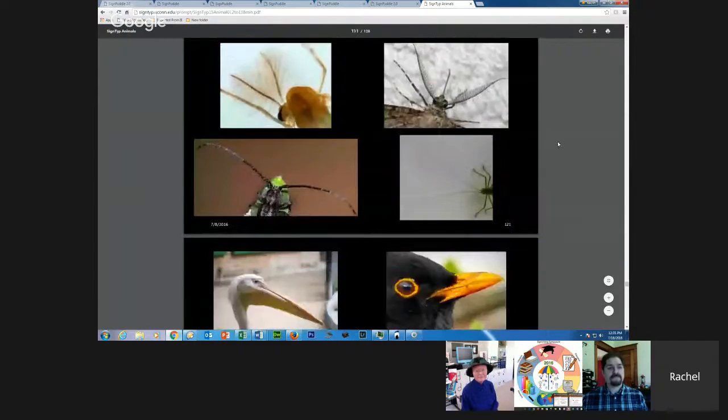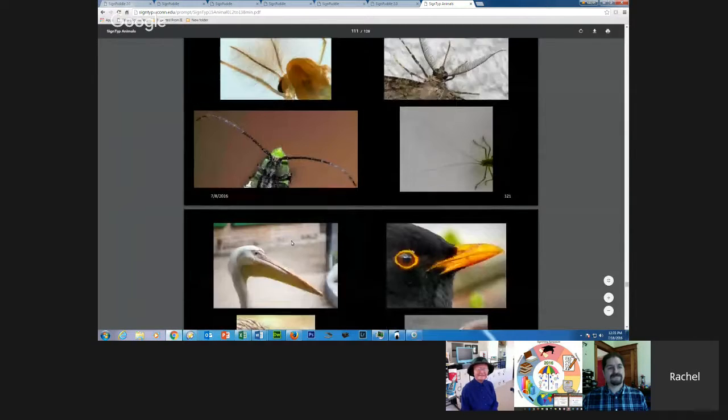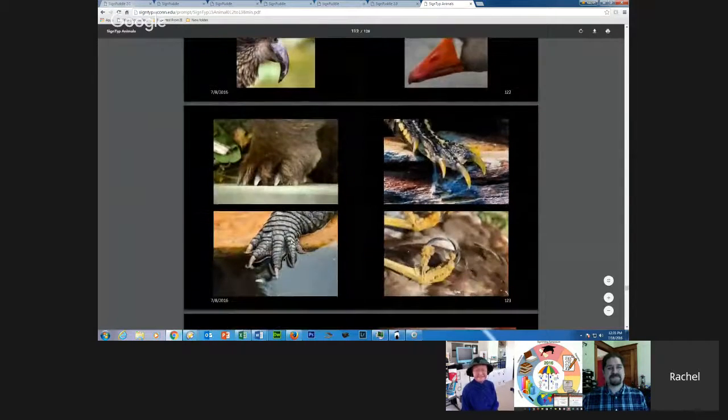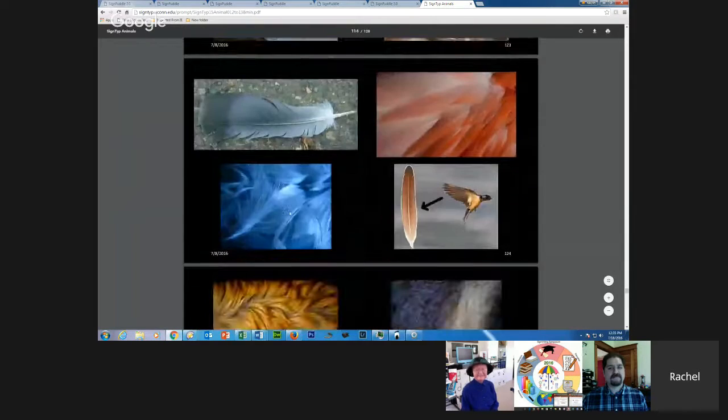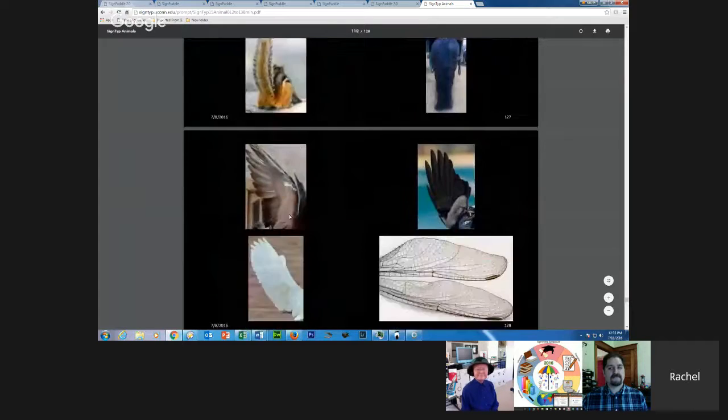Spider webs, antenna. You will often get more than one sign for antenna because we have different kinds. Some of the antennae are more fluffy than others. We have claws, and we also have feathers and fur and paws, so tails.